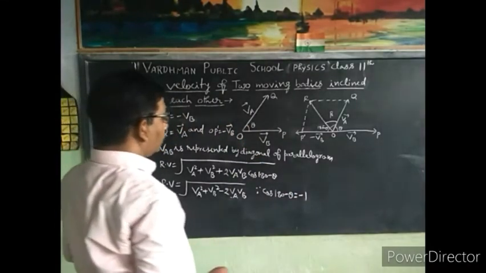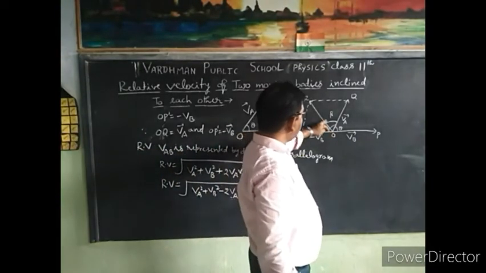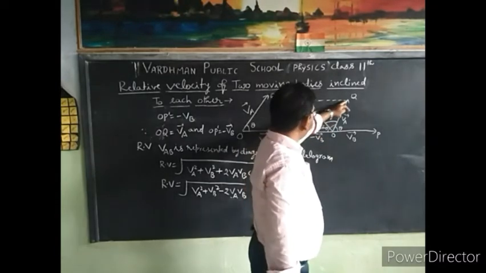Now let the relative velocity VAB make an angle beta with Va.